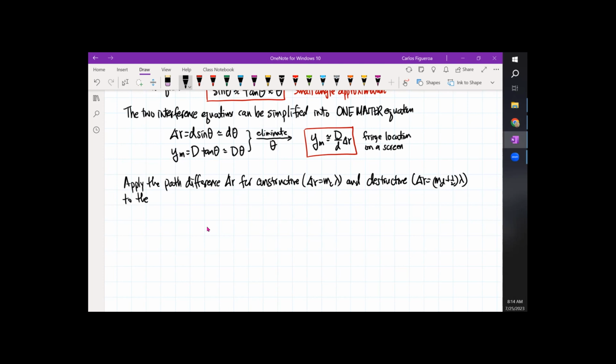To the fringe location, it reads something like this.